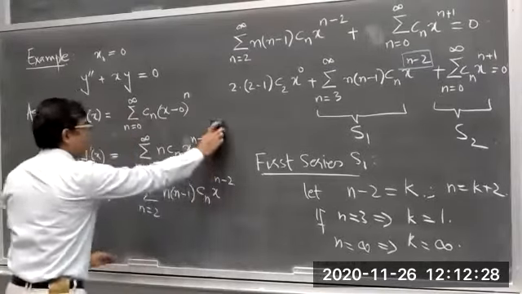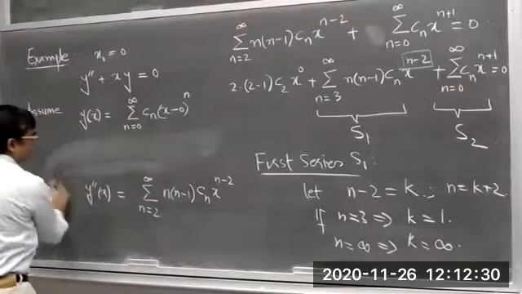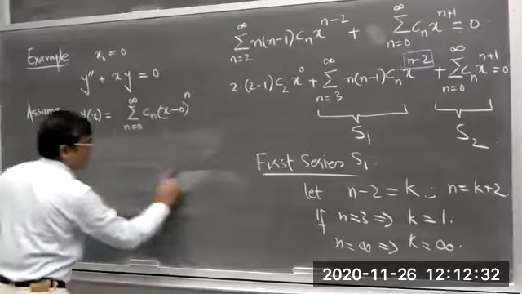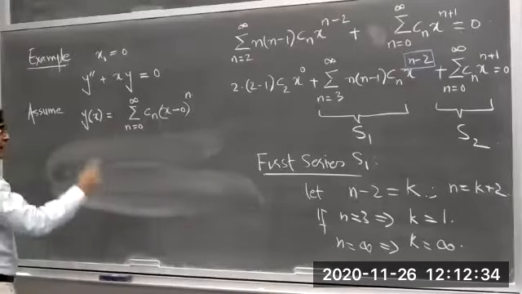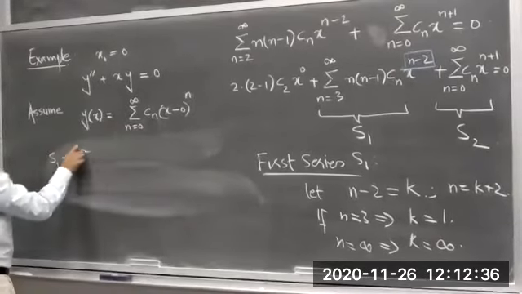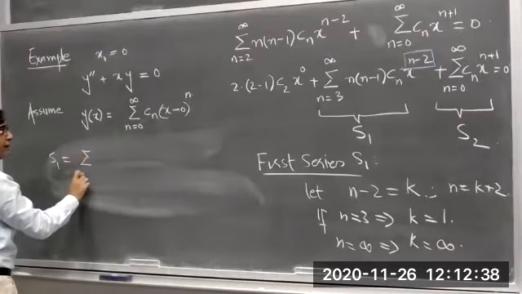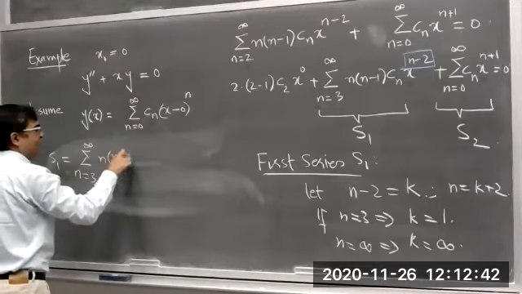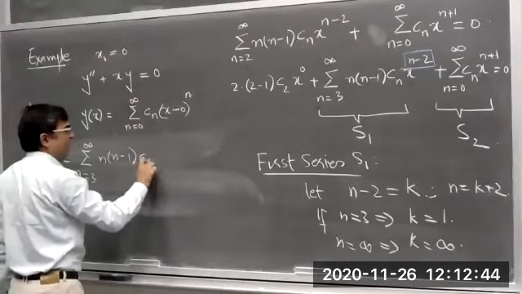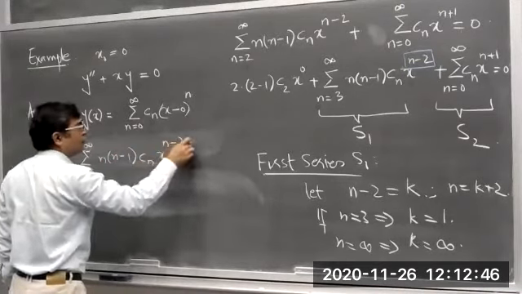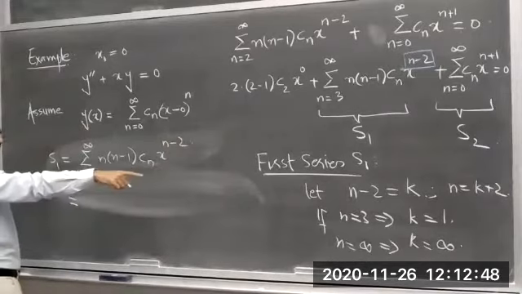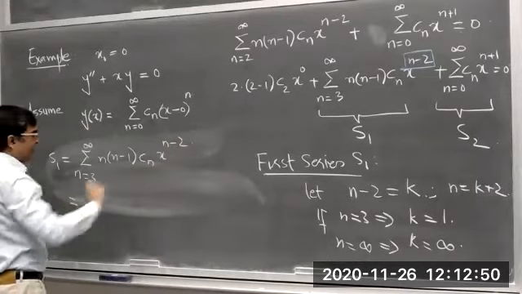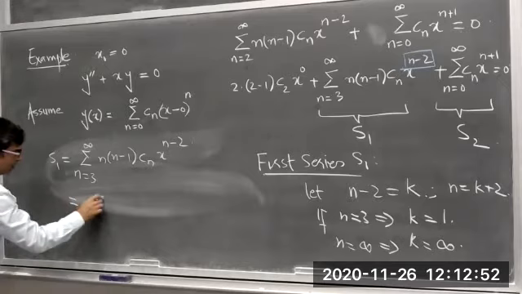Let me write it here. S1 is now, before it was n from 3 to infinity, n into n minus 1, cn x raised power n minus 2. Now, after using these substitutions, what do we get?